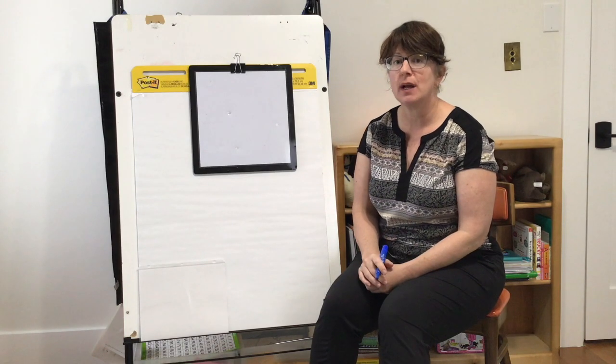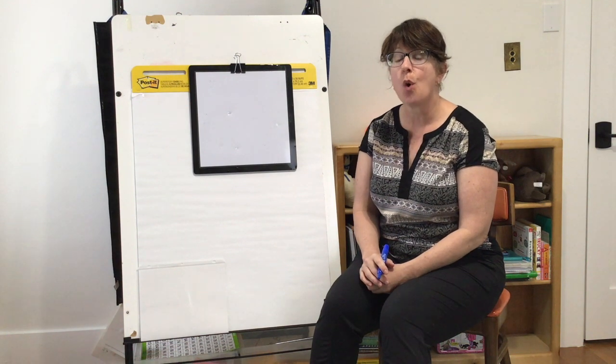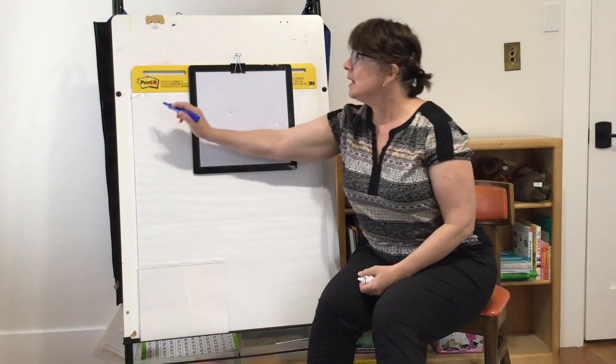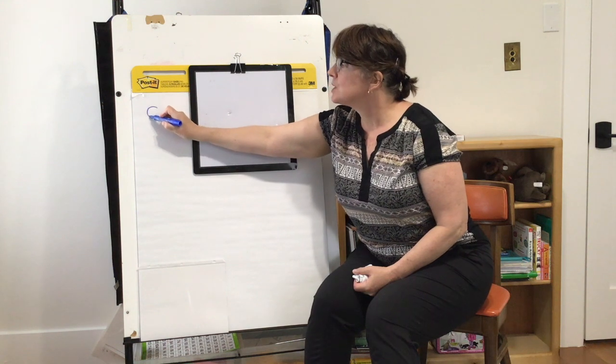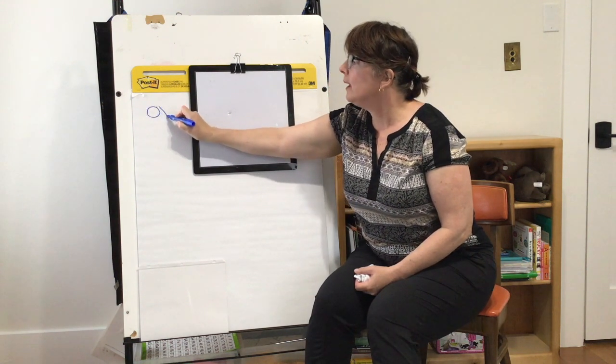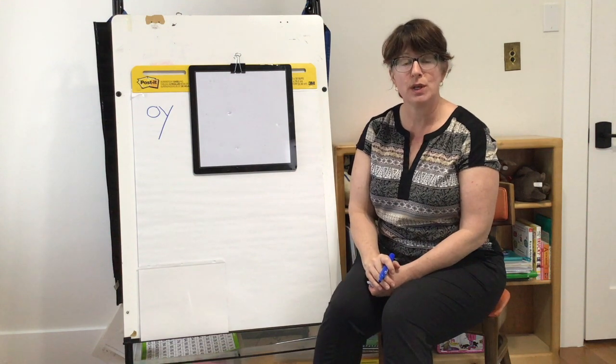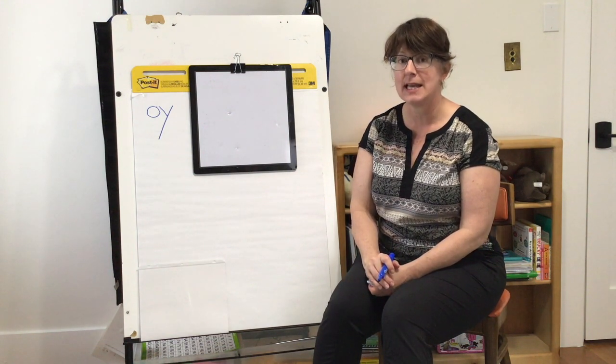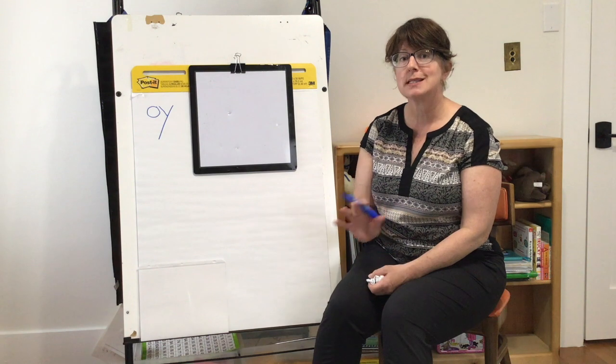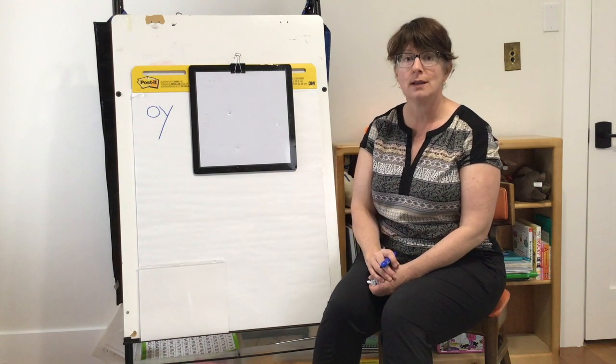Of the words that we spell are going to have the sound oi. We use the letters O, Y at the end of a word when you hear oi at the end of a word. So we'll say that, we'll say oi at the end of a word.